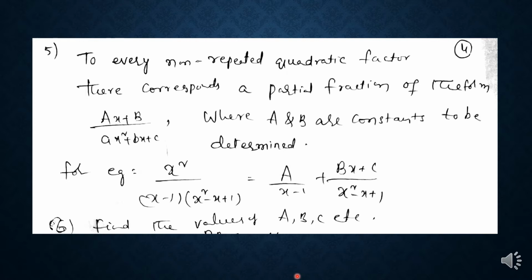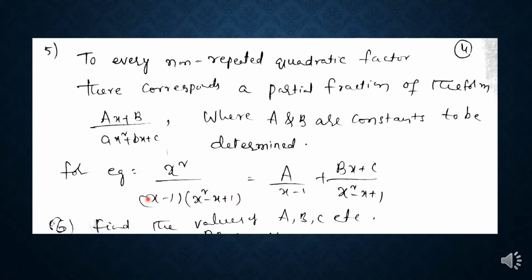For example, x square by (x minus 1) into (x square minus x plus 1). See here, in the denominator we have one linear factor and one quadratic factor. This quadratic factor we cannot factorize.